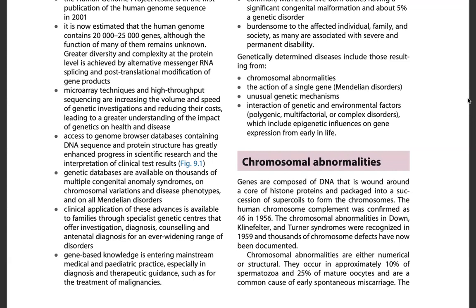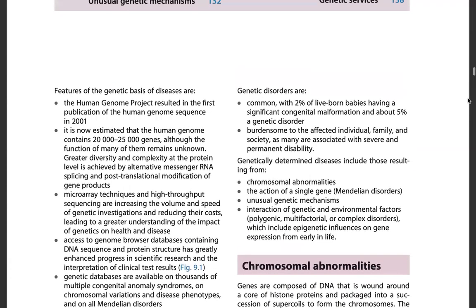Genetic disorders are common, with 2% of live-born babies having a significant congenital malformation and about 5% a genetic disorder. They are burdensome to the affected individual's family and society, as many are associated with severe and permanent disabilities.